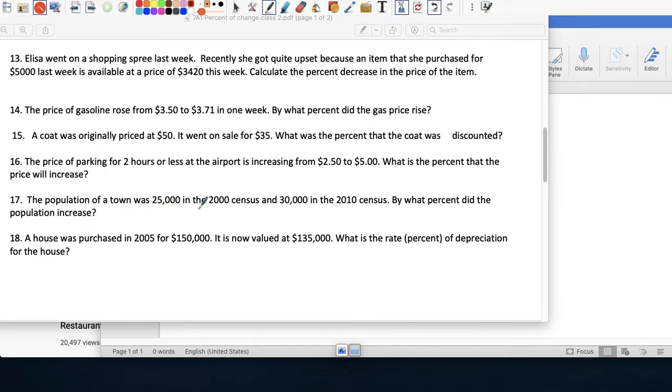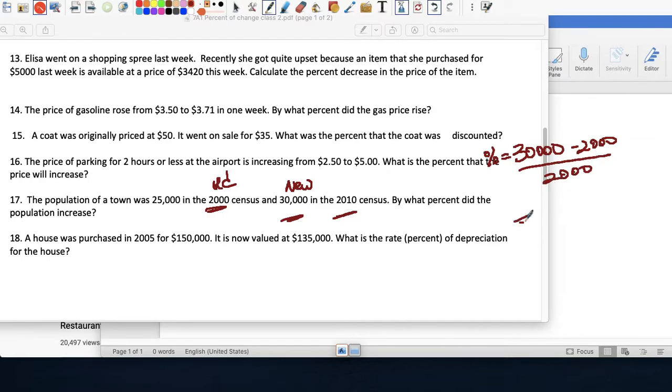The population of a town in 2000 was 25,000, and in 2010 was 30,000. What's the percent of increase? So this is the new. That's the old. So we get 30,000 minus 2,000 over 2,000.